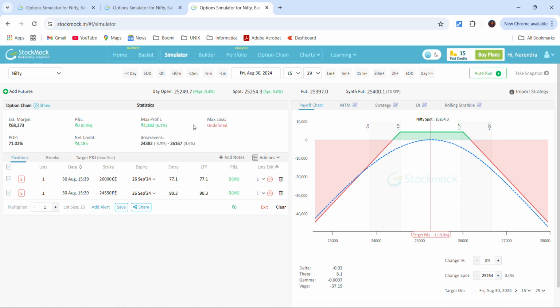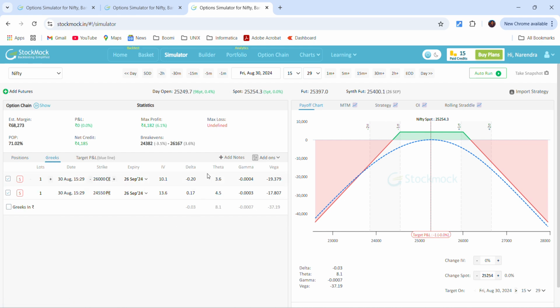But always remember, try to keep both sides at equal distance. Only in that case it will become a delta neutral strategy. Or another way of deploying the strategy, you can look at the delta values and go further away, having the same delta. For now, I'm comfortable with this percentage distance from the at the money.